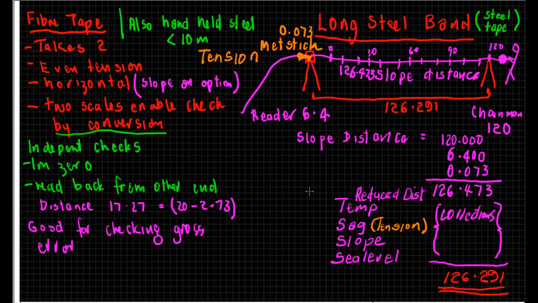Now the long steel band, as I said, is traditionally used. The long steel band consists of a band 210 metres of thin steel, marked off in 10 metre intervals from 0 to 200, and then from the 0 on what is known as the reader, it's marked off in 10 centimetre or in some cases 20 centimetre intervals.